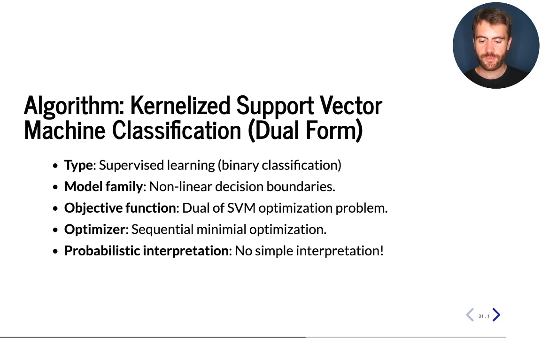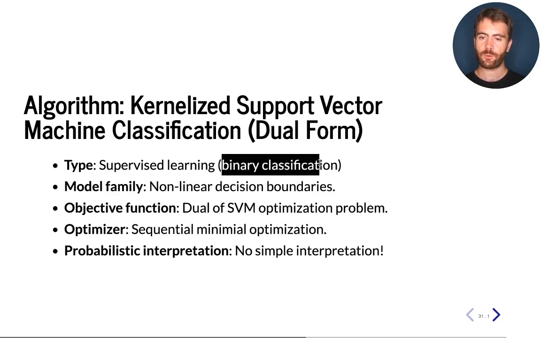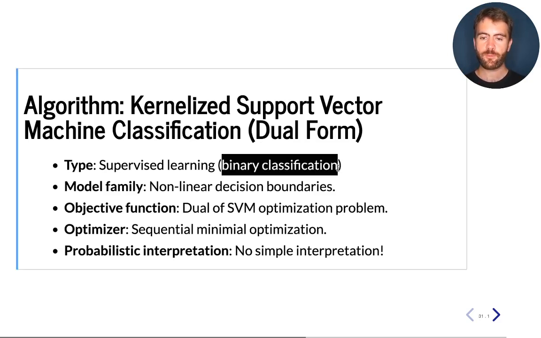And so this defines another algorithm, which I'm going to be calling kernelized support vector machine classification, which is the kernelized version of the regular support vector machine classification algorithm that we saw earlier. So this defines a new algorithm for binary classification.